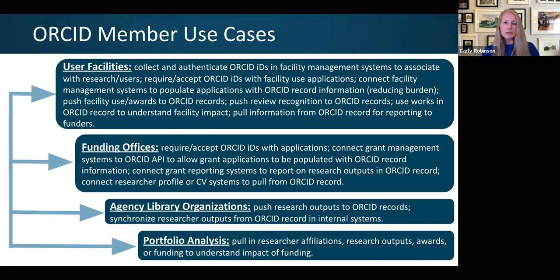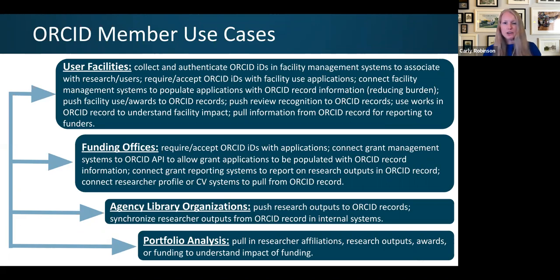So some of our other members go beyond user facilities. We have some funding offices, library organizations. And so those funding offices might have some similar use cases to the user facilities. They could accept or require ORCID IDs with applications, connect grant management systems to allow grant applications to be populated with ORCID record information, and also connect their grant reporting systems, those midterm reporting systems, to report on research outputs and potentially push those to ORCID records.